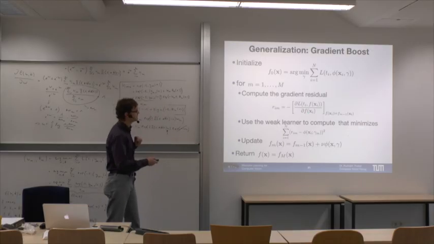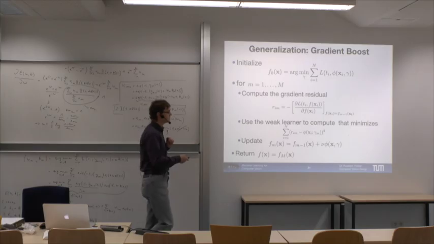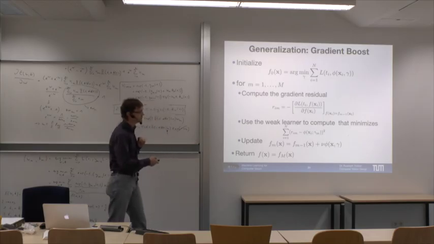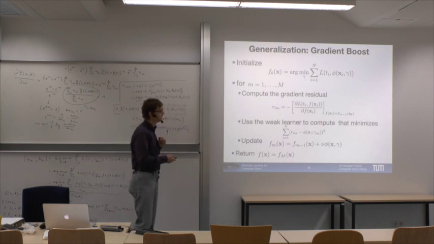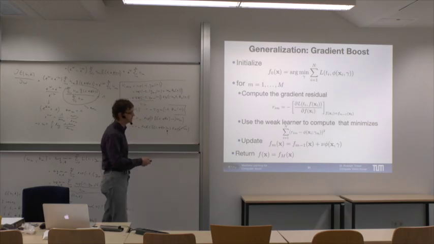Then, once you have this gradient, your weak classifier simply tries to fit a mapping from x to your gradient. That's the trick. Again, you do regression. This is a regression function, and it tries to be as close as possible to your gradient.